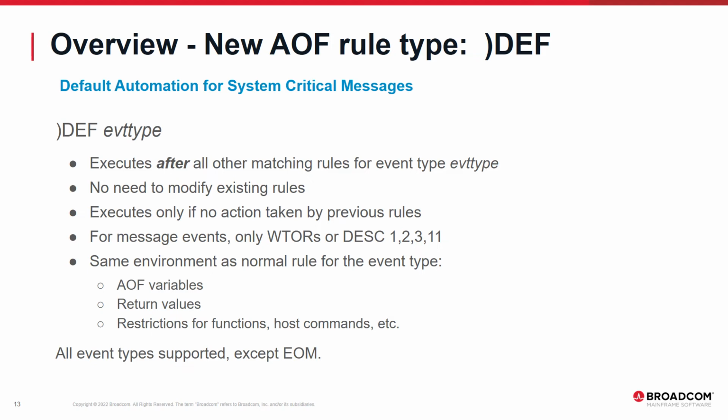For a default command rule, you'll have command.name or command.jobname, etc. Default action rules can also set the same type of return variables that the normal rule type can set. And lastly, the default action rules are also subject to the same restrictions on what functions and host commands can be called. In particular, anything that has a built-in wait is suppressed or not allowed at all.